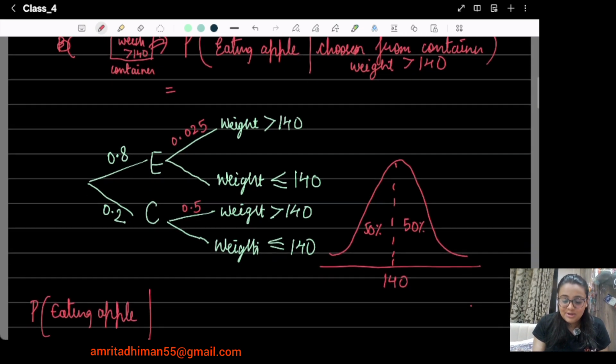given that it is chosen from container, and in the container we have the apples whose weight is greater than 140, right?